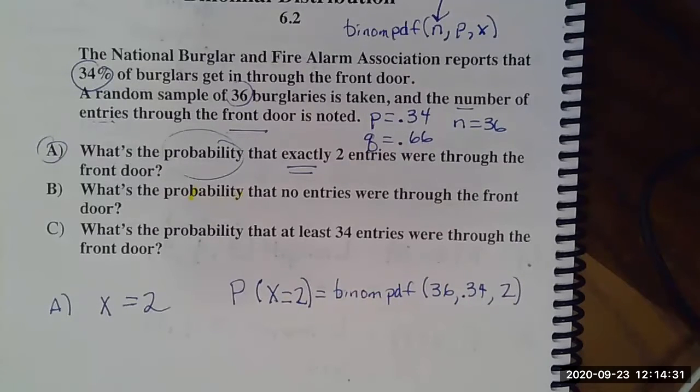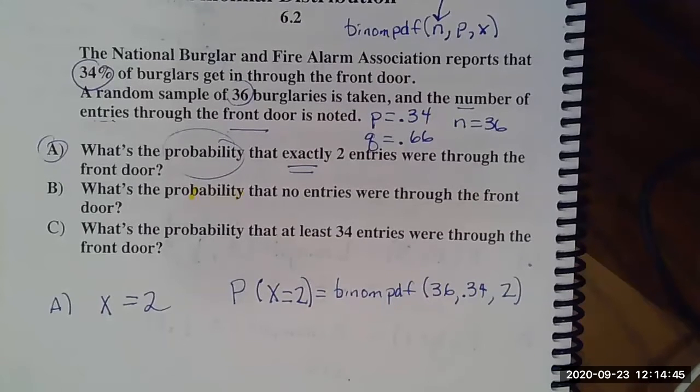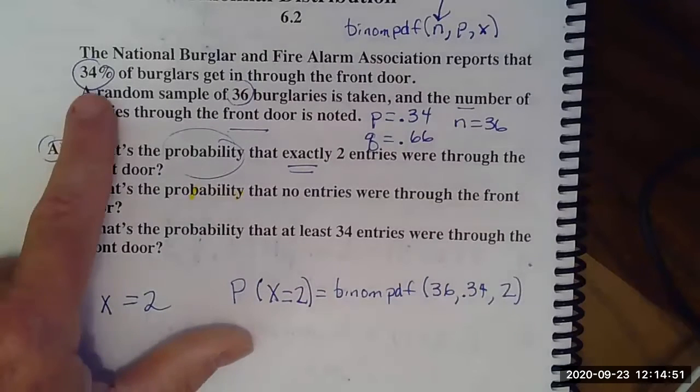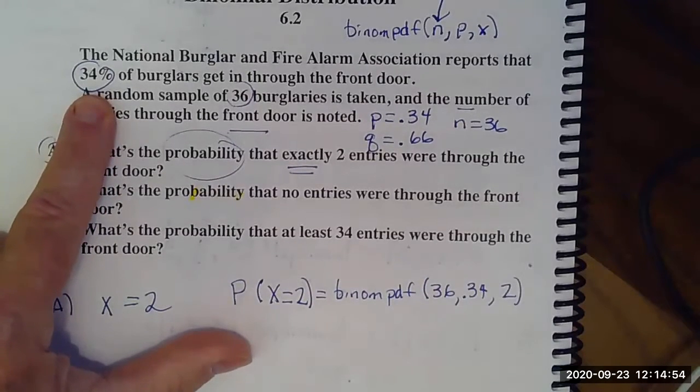No, I'm saying that wrong. If you took any random sample of 36 and it turns out that exactly 2 were through the front door and the other 34 went through some other location, not through the front door. Exactly 2. And historically, they're saying 34% of the time they're going through the front door.